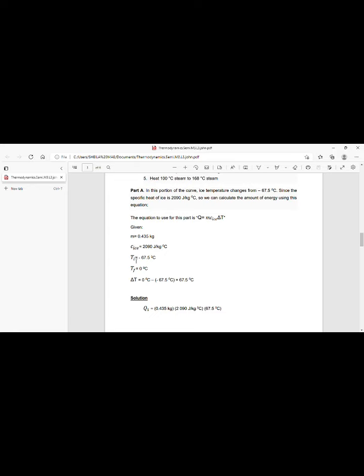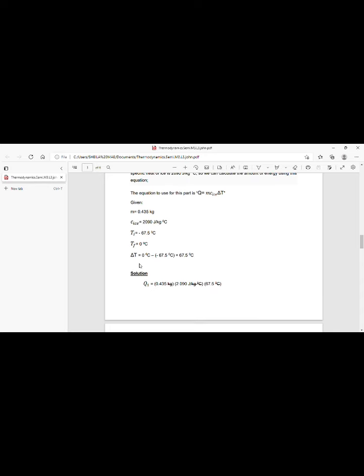The initial temperature of the ice is equal to negative 67.5 degrees Celsius. The final temperature is 0 degrees Celsius. To find the change in temperature, we subtract the initial from the final temperature, which is equal to 67.5 degrees Celsius, our delta T.